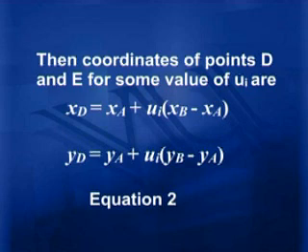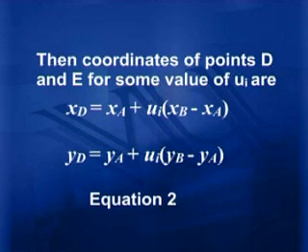Similarly, yd equals ya plus ui times yb minus ya. Please do note the role of ui over here. So making use of these relations, we'll be able to come up with the values for xd and yd.